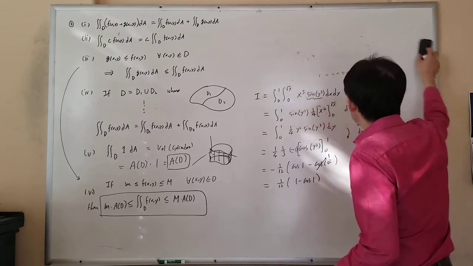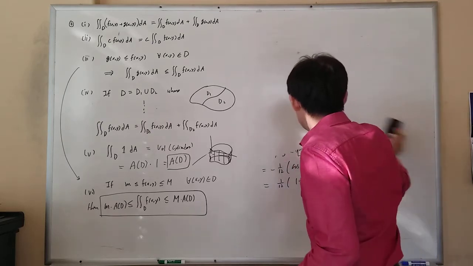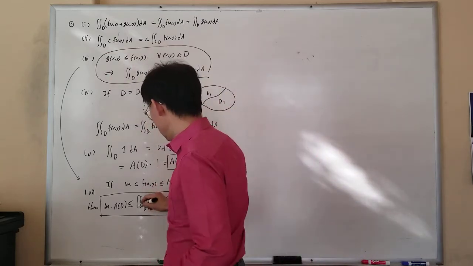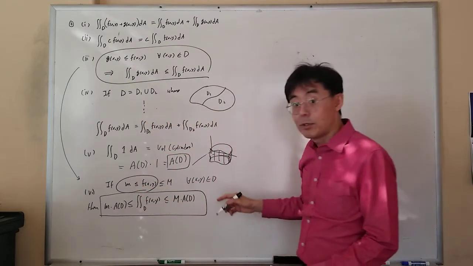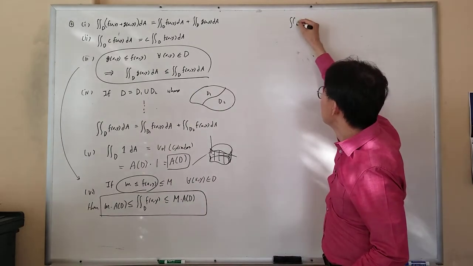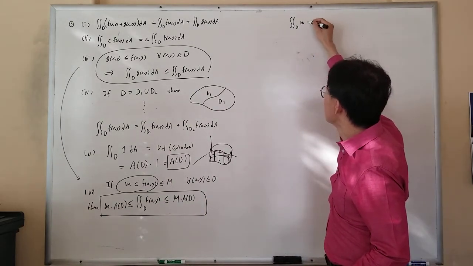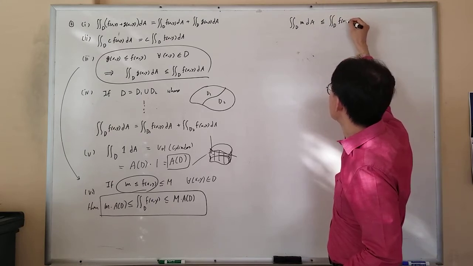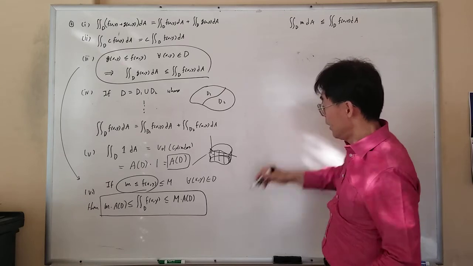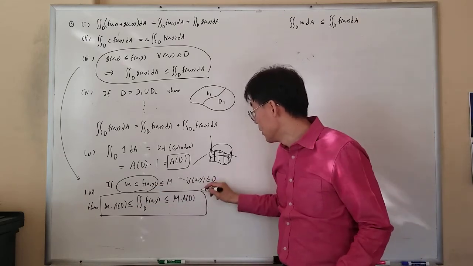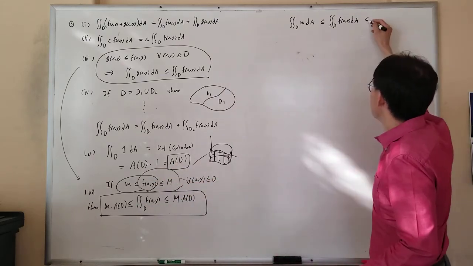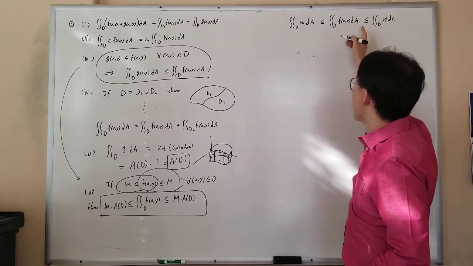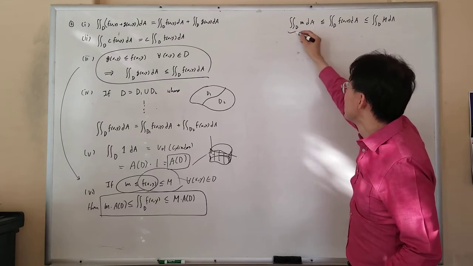So if you apply this third property, the double integral of a smaller function is less than or equal to the double integral of a larger function. And if you apply that theorem to this one, which is again smaller than the larger function, what is this?